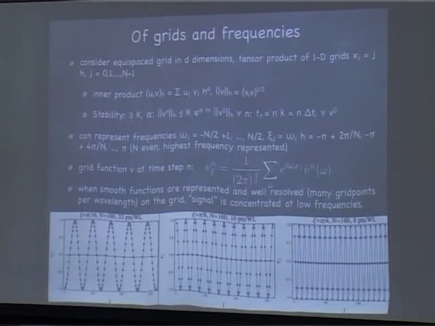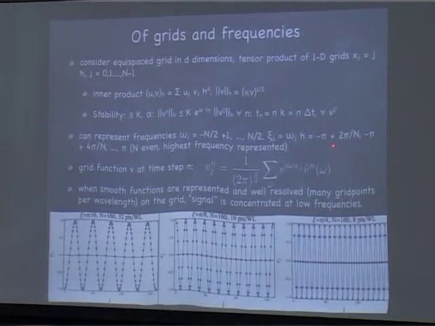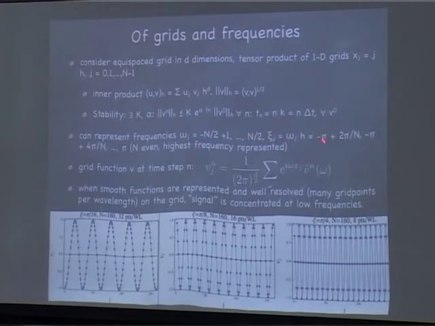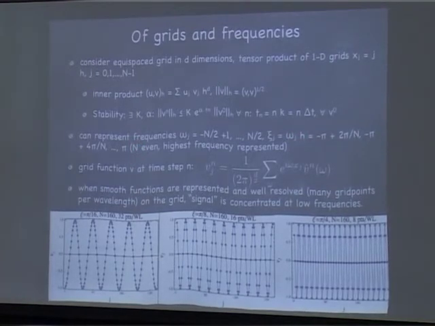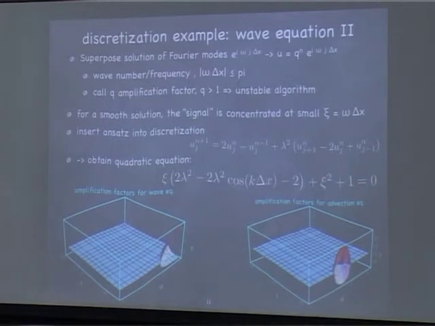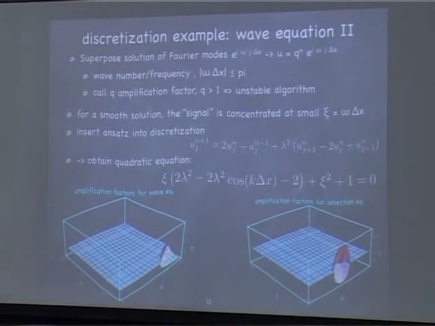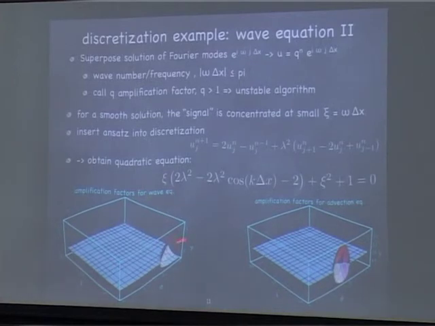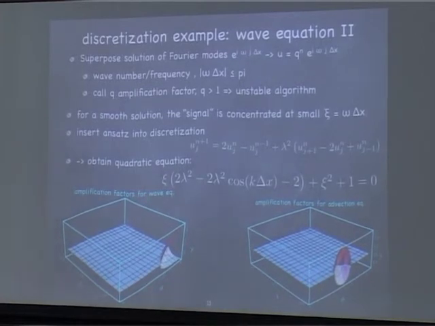For practical purposes, it's useful to rescale the omega with the grid spacing and introduce a new variable which we call psi, because after the rescaling, the grid just goes from minus pi to plus pi. Then we always have the same grid, which makes things easier. That was what we saw before, where we plotted things in this rescaled variable from 0 to pi. In fact, of course, we have positive frequencies and negative frequencies, so to save space I just plotted the positive ones.